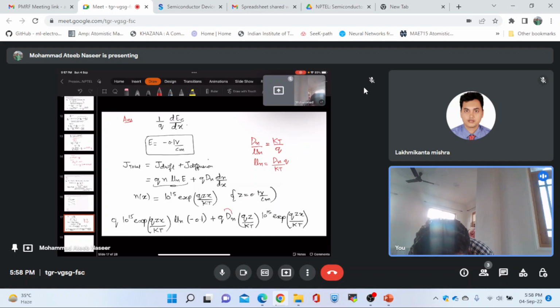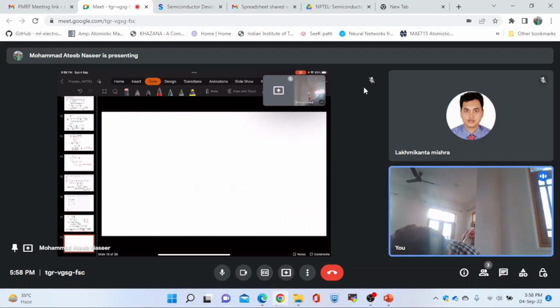So this thing over here is mu n simply, and also the value for z is 0.1. So I will take this mu n to be common, and I will simply say q times 10 to the power 15 exponential of qzx by kT into mu n. Now let's see what's left inside.